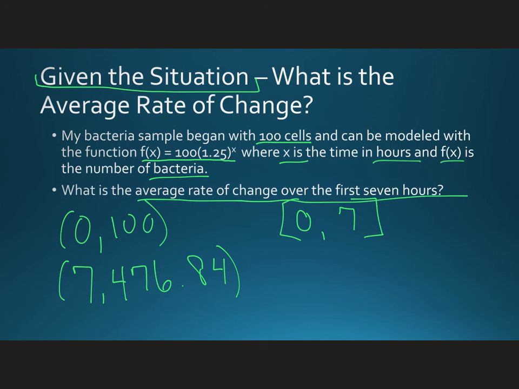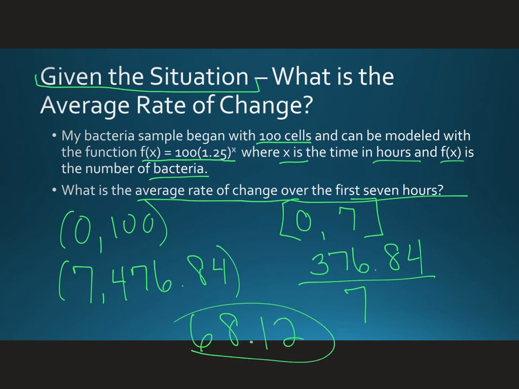So once again, change in y gives me 376.84 over change in x, which is 7. And when I divide it, I get 68.12 is my average rate of change. And that is bacteria per hour.